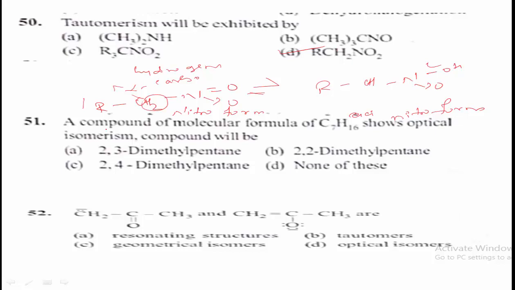I write the structure of 2,3-dimethylpentane here: CH3, CH, CH3, then C with one H and CH3, then CH2, and CH3. Yes, this one is 2,3-dimethylpentane. What is the question? The compound of molecular formula C7H16 shows optical isomerism.